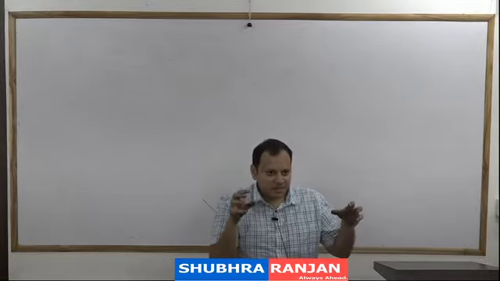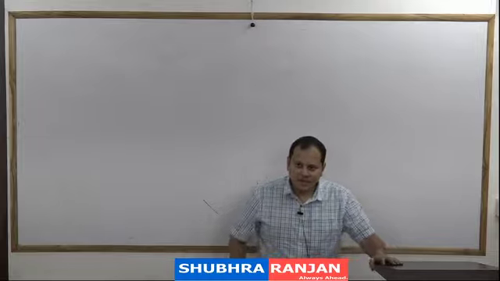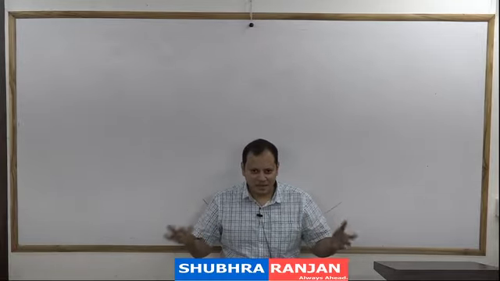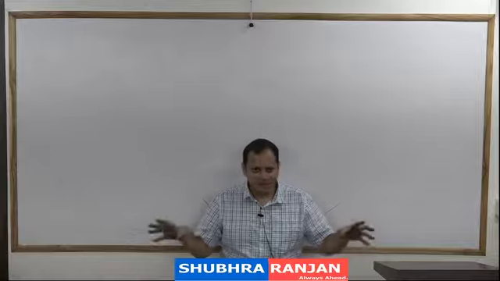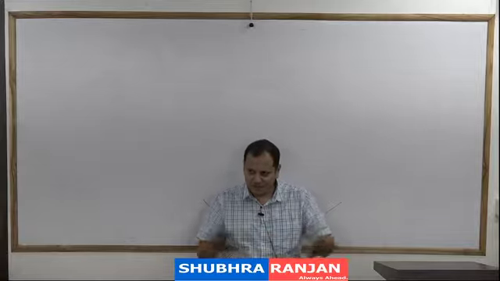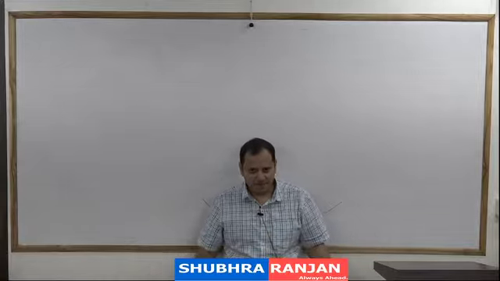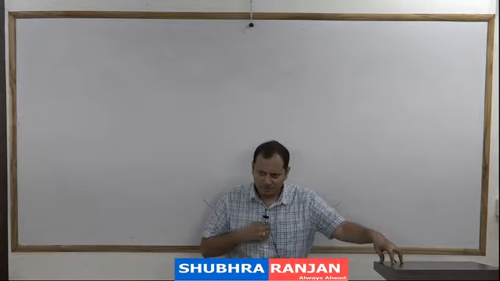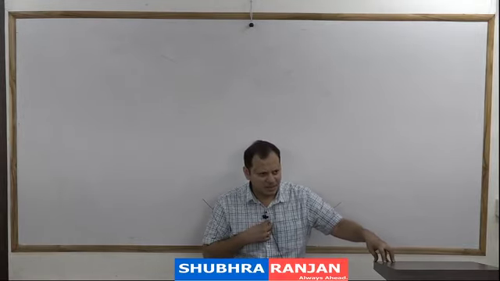Now you understand one simple thing, that before the Big Bang there was nothing. There was no concept of time, space, everything, because nothing was there before the Big Bang. When the Big Bang occurred, we don't know how it occurred. There are numerous theories.